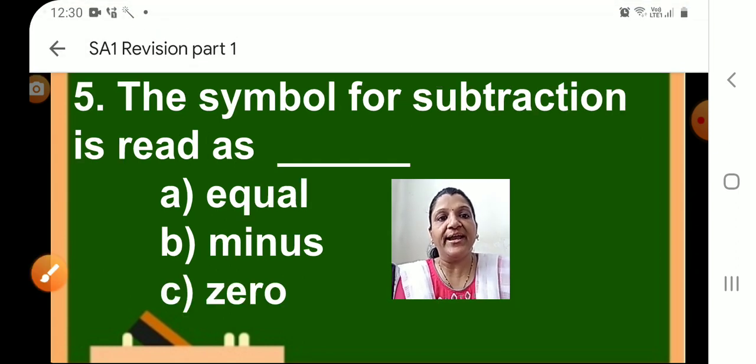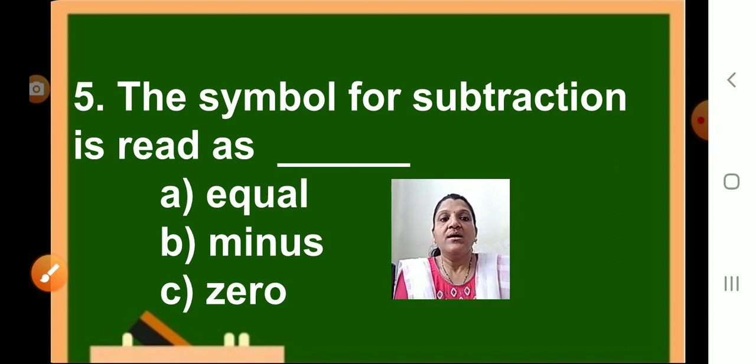Question number 5. The symbol of subtraction is read as dash. Let's read this again. The symbol for subtraction is read as dash. Symbol means what? The sign. Which sign do we give for subtraction?